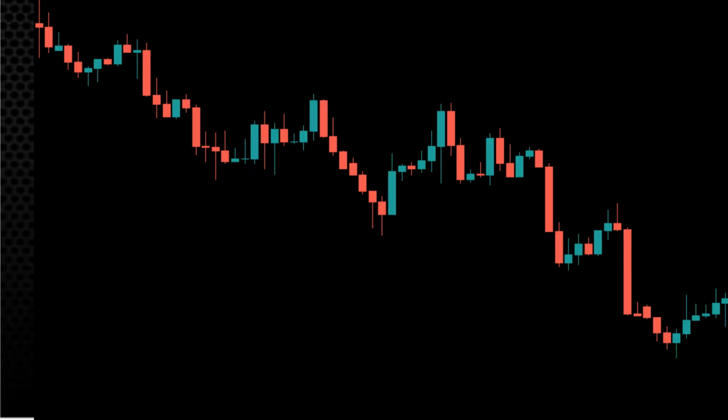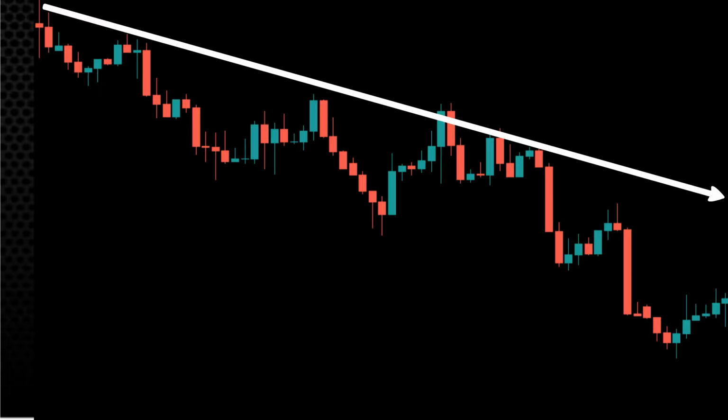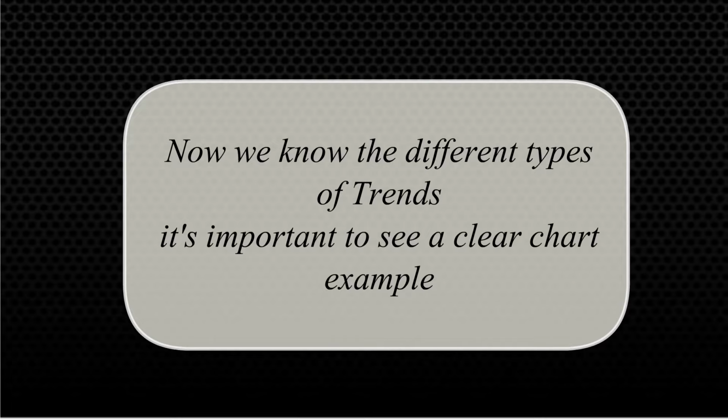If the price keeps moving in this sequence, the price will continue to move to the downside, known as the downtrend. Now we know the different types of trend. It is important to see a clear example of both a downtrend and uptrend in the chart.